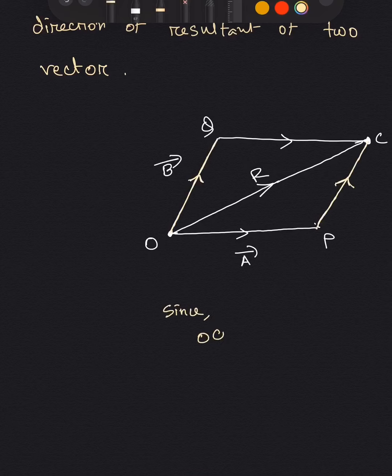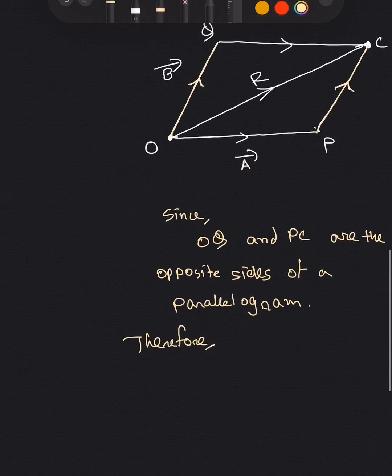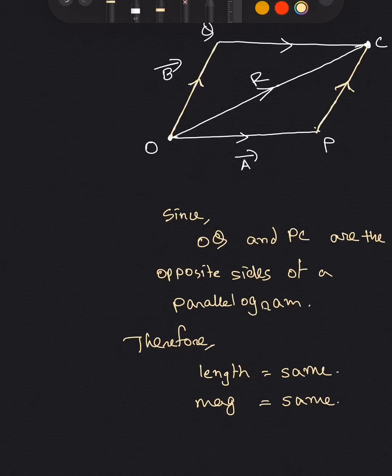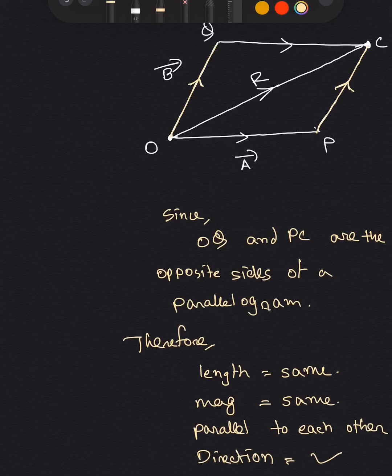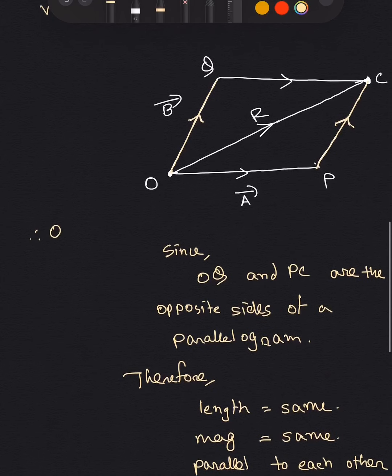Since OQ and PC are the opposite sides of a parallelogram, therefore their length is same, so their magnitude is also same, and they are parallel to each other, and their direction is also same. So we can say these two vectors are equal vectors. Therefore OQ vector is equal to PC vector.